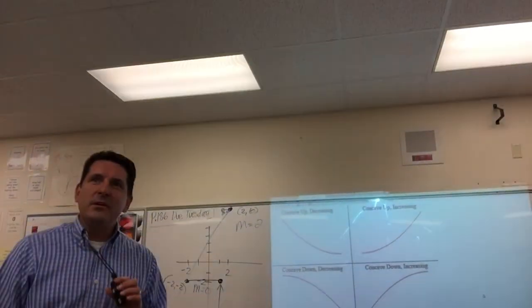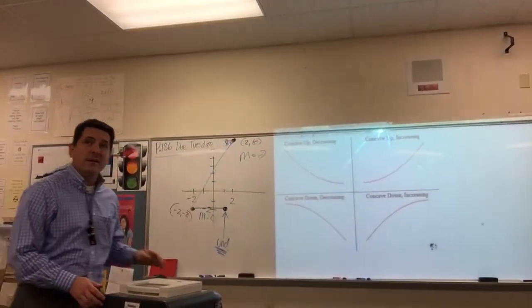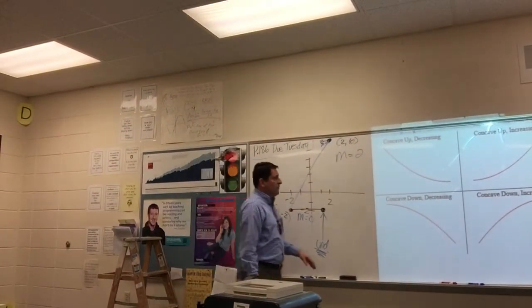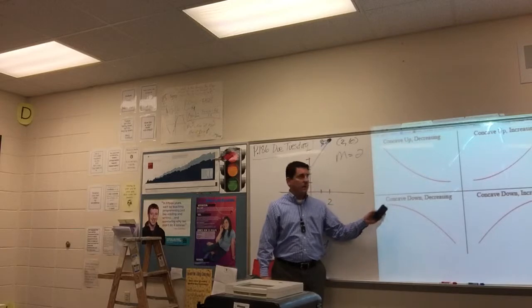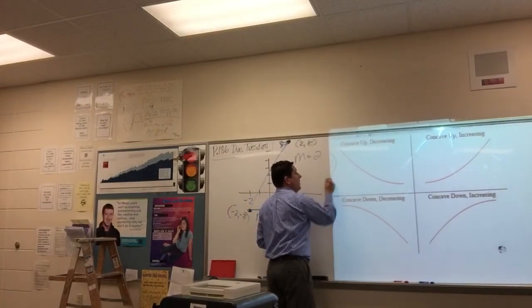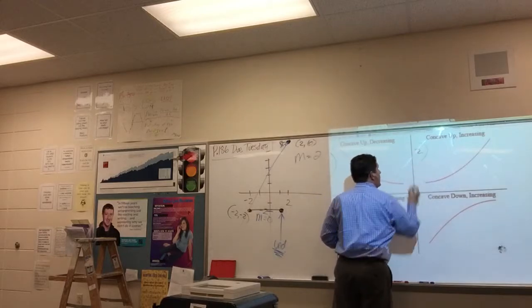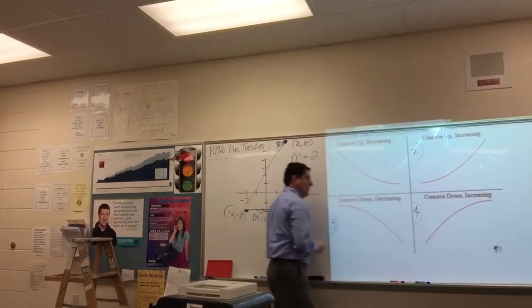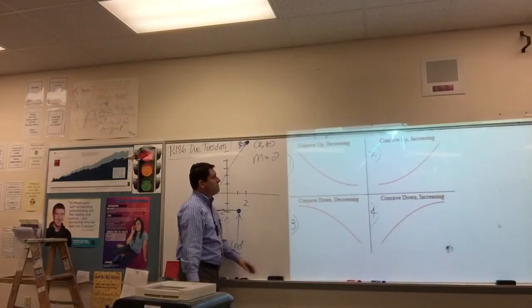All right, today we're looking at section 3.4, concavity and inflection points. So the first picture I want you to take down is these four different examples of concavity. And you're going to try to explain what concavity is.